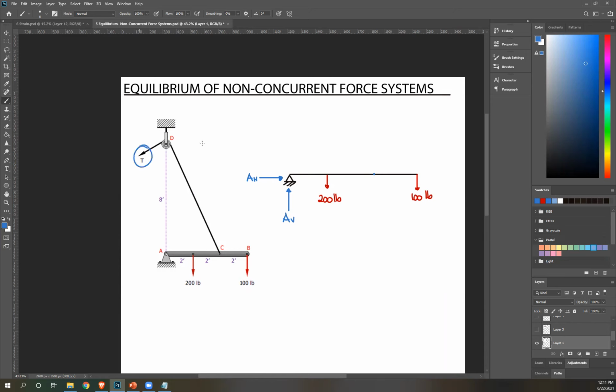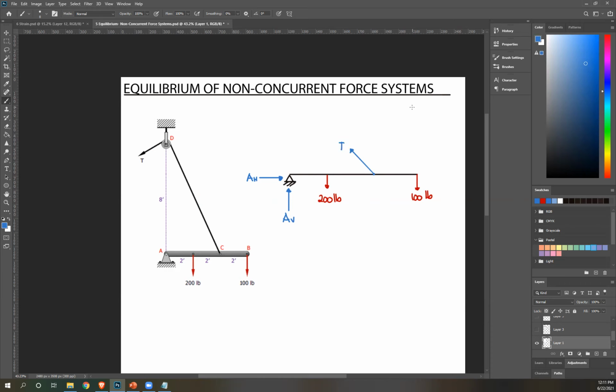So meaning, if this is P, if I cut the cable here, the force will also be P. Okay? So that means, since the free body diagram that I'm drawing is the boom, all I need is to draw the forces acting on it. So I don't have to draw this pulley, I just have to draw a cable connected to this boom. Okay? And then this is a cable that's always carrying a tensile force, which is always outward. So this is your T.